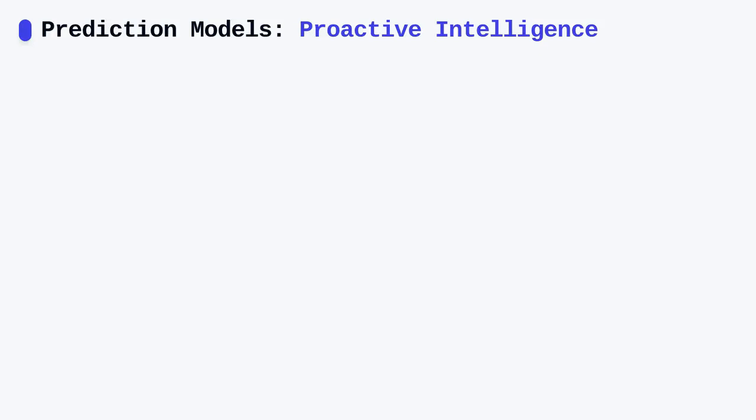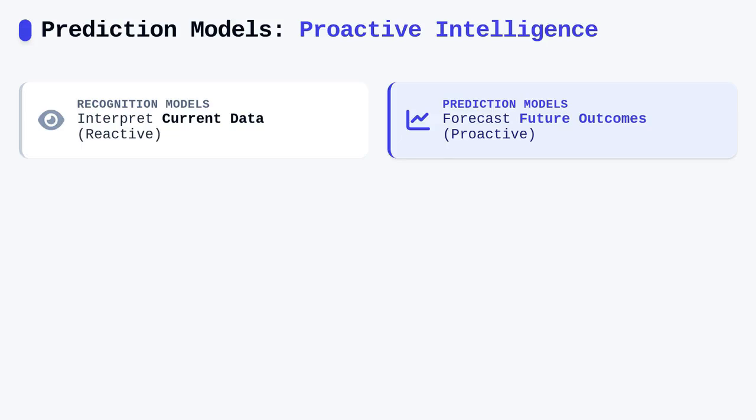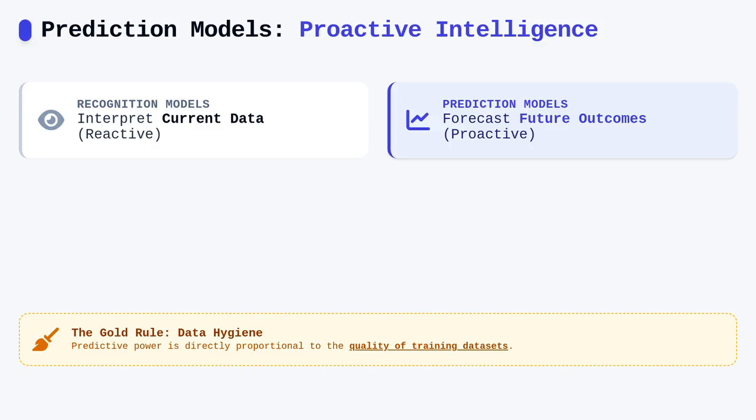Prediction models represent a distinct shift in strategy, moving from reactive automation to proactive business intelligence. Unlike recognition models that interpret current data, prediction models rely on historical datasets to forecast future outcomes like customer churn or lead conversion. Implementing these requires a disciplined approach to data hygiene, as the quality of your training data directly influences the model's predictive power.